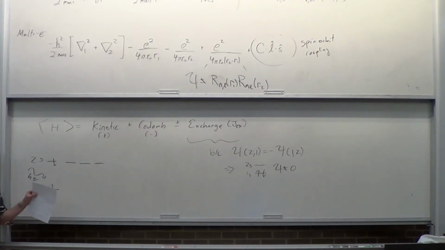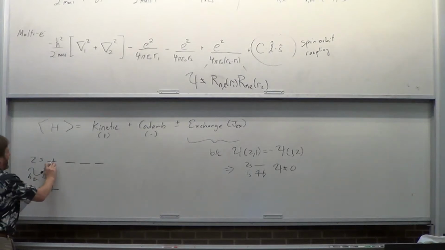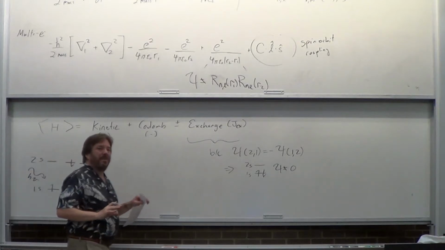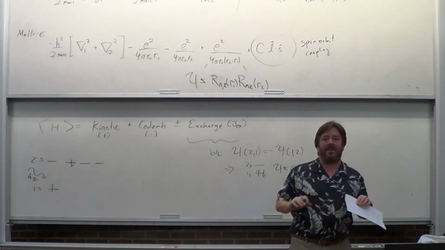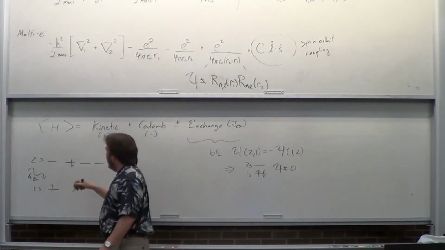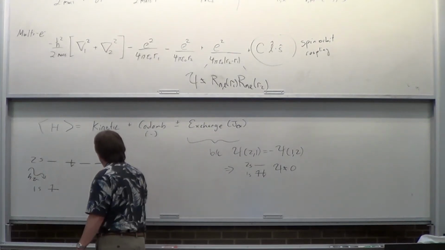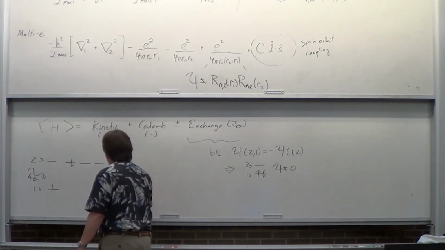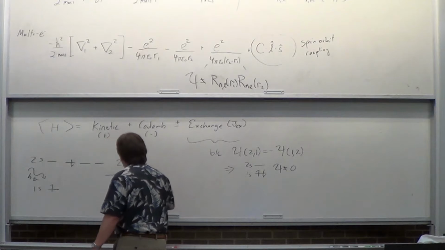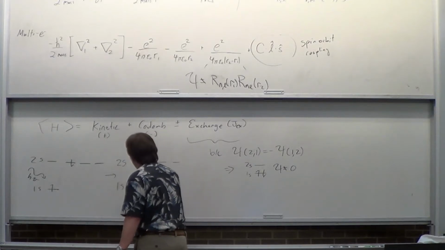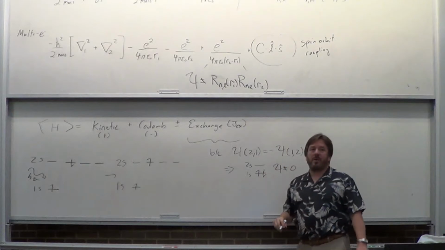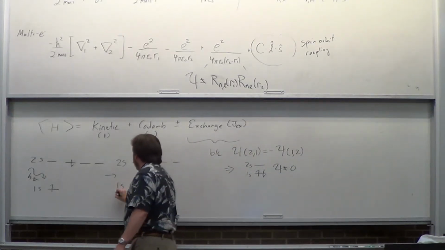You can't jump from a 1s to a 2s to a p, right? You have an L selection rule, so we're going to have to pick on a p orbital. Okay, so this is still spin singlet. The s still adds up to 0, plus a half, minus a half. But what will happen is it will want to go to a lower energy state, so like this. I'll just say that the higher energy one spin flips. Okay, so now it's triplet. And the reason is this is a lower energy.